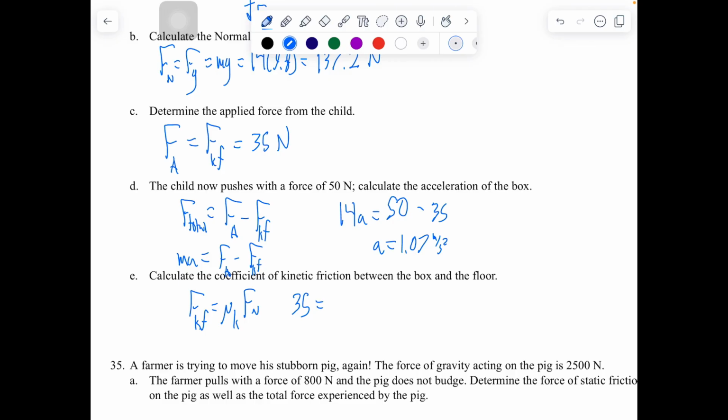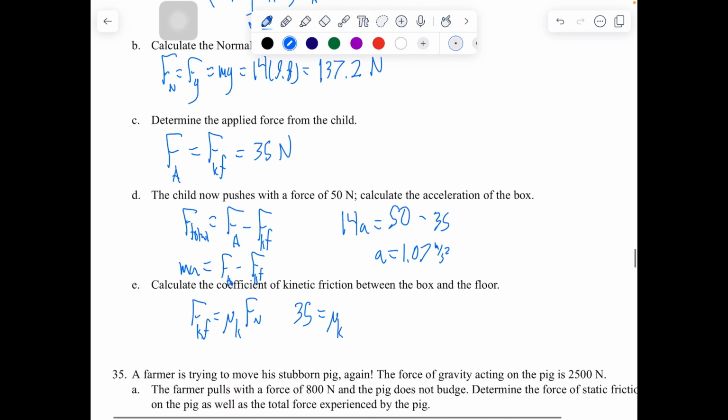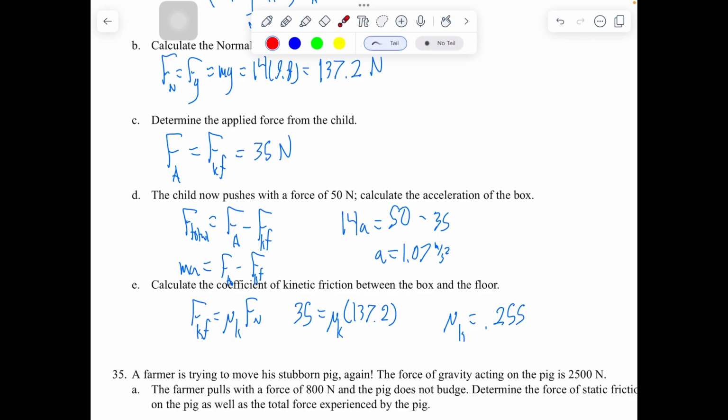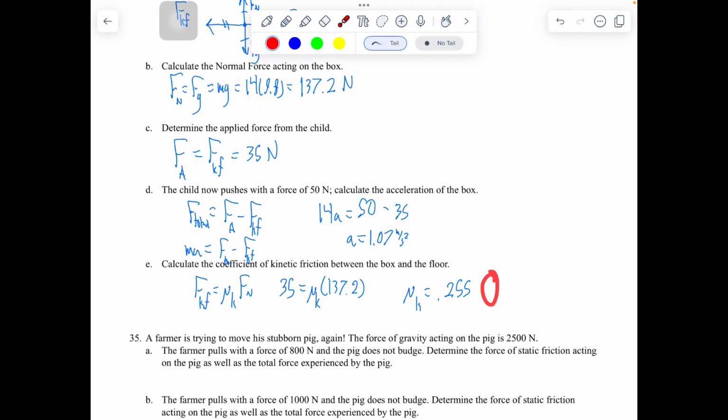The normal force, we solved this earlier, 137.2. Take 35, divide by 137.2, and we get a decimal. This is typical. Coefficients of friction are typically some decimal. They're small numbers. No units on a coefficient of friction.